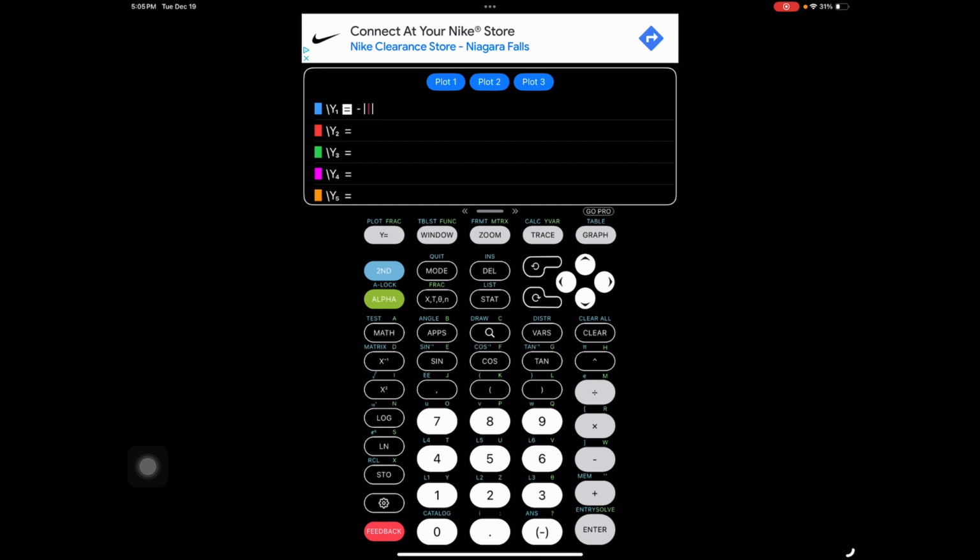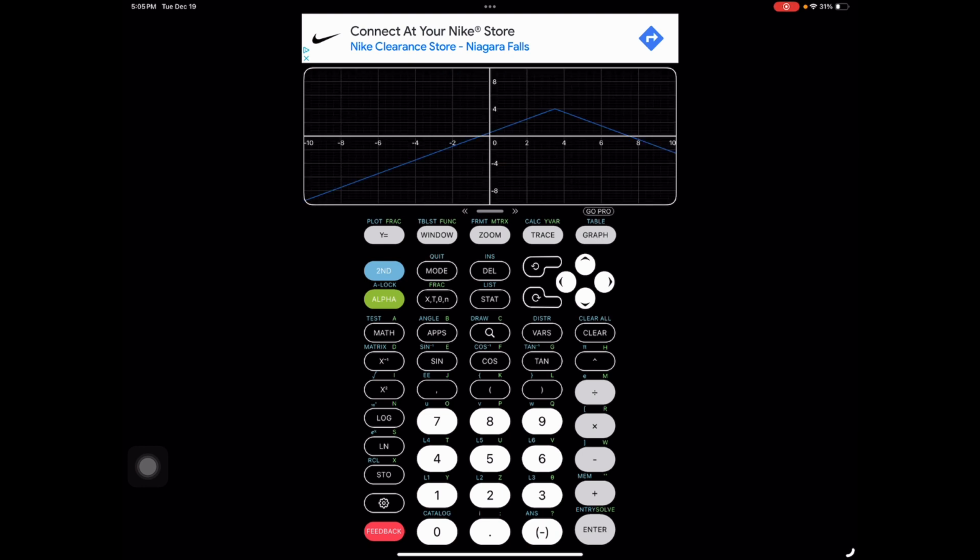In there, we're going to do x minus 3.5. Then arrow over to go outside of the absolute value and then hit plus 4. We can hit enter. And then when we look at the graph, this is what it's looking like. So we want to take a look at the table of values by hitting second and graph.